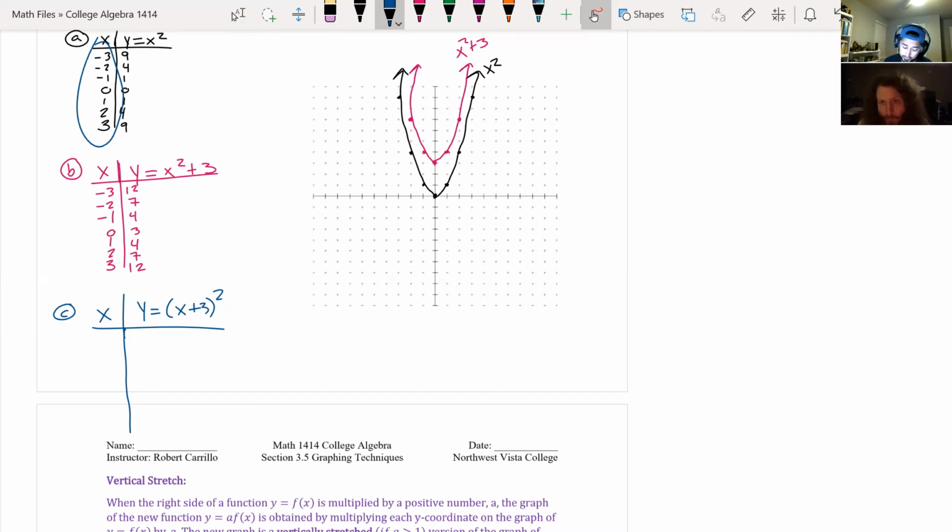So I'll get negative 3 minus 3. That gives me negative 6. And then negative 5. And then negative 4. And then negative 3. Negative 2. Negative 1 and 0. I'll make that fit a little better on here.